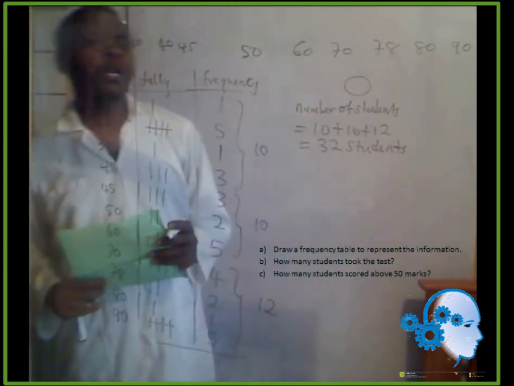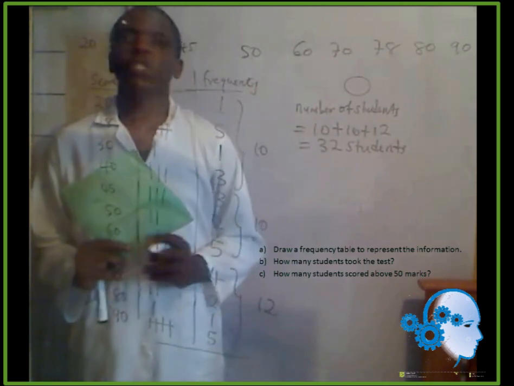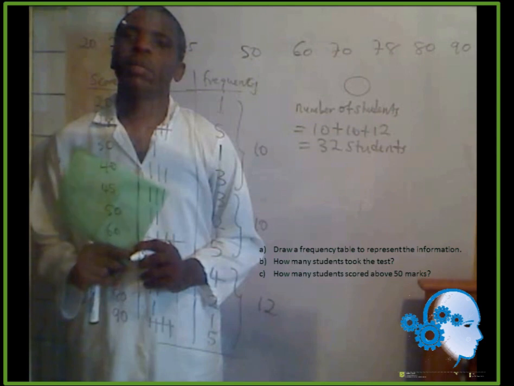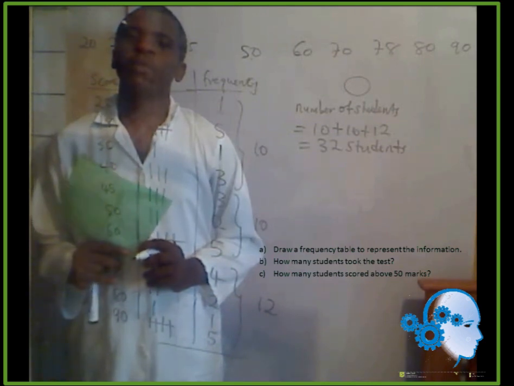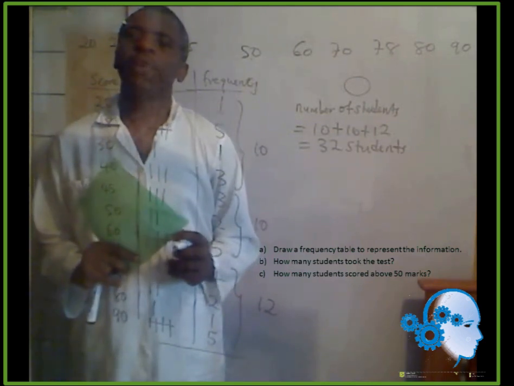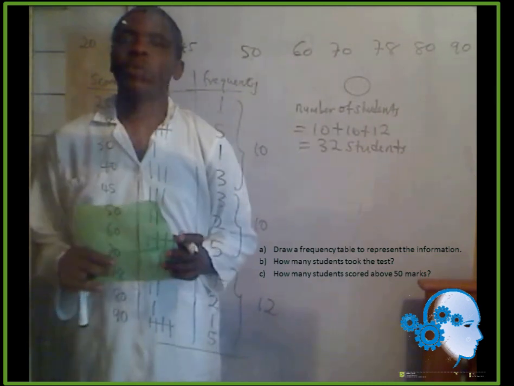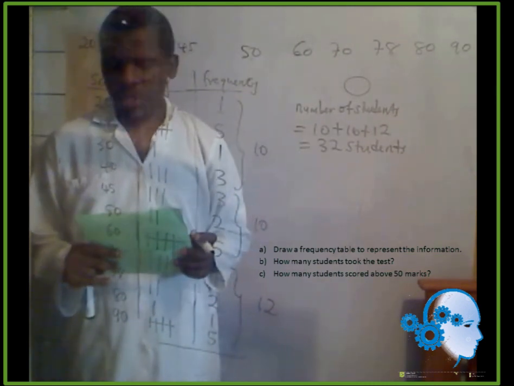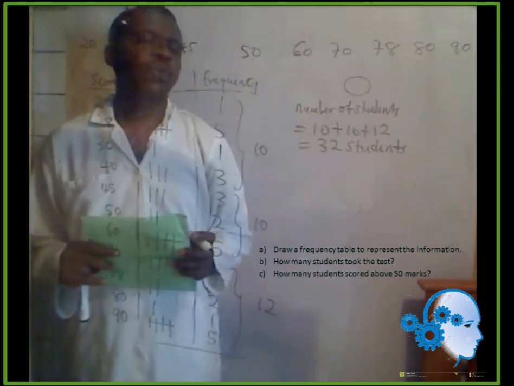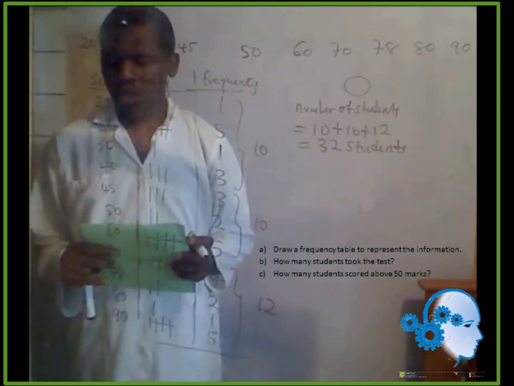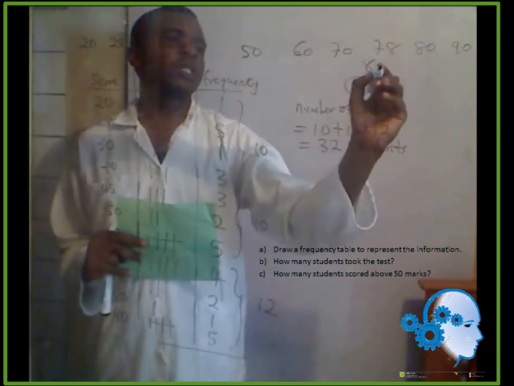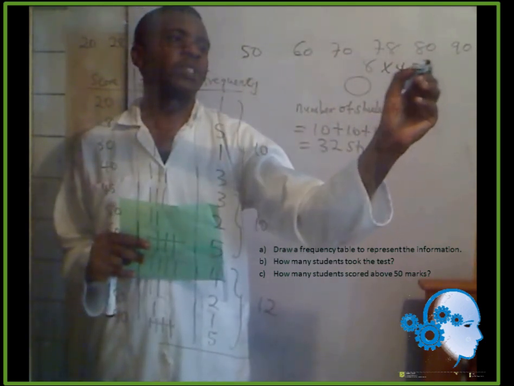So one way you can cross-check if you have done the tallying correctly is looking at the number of rows and columns given in the data and multiplying the values. We see here that we have 8 columns and 4 rows, so 8 times 4 gives us 32.